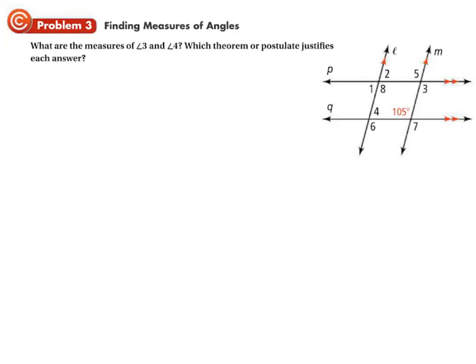So what are the measures of angle 3 and angle 4, and which theorem or postulate justifies it? Well, let's first look. We have parallel lines here. We have parallel lines here. Neat. We can use those in concert, and what you might want to do sometimes is make a sketch where you only have the relevant information.